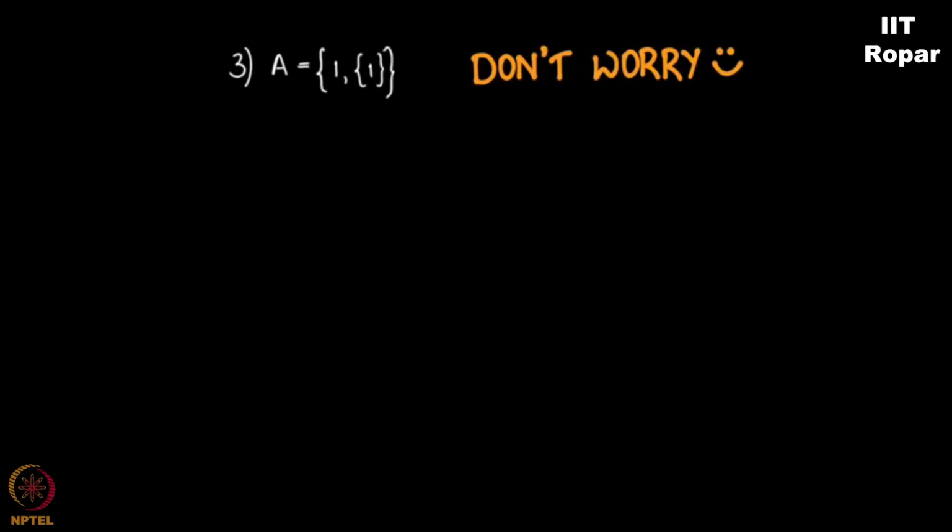Alright, so my question would be, do you think 1 belongs to A? Is this true? Absolutely yes. Here is an element of A, and this element does indeed belong to A.